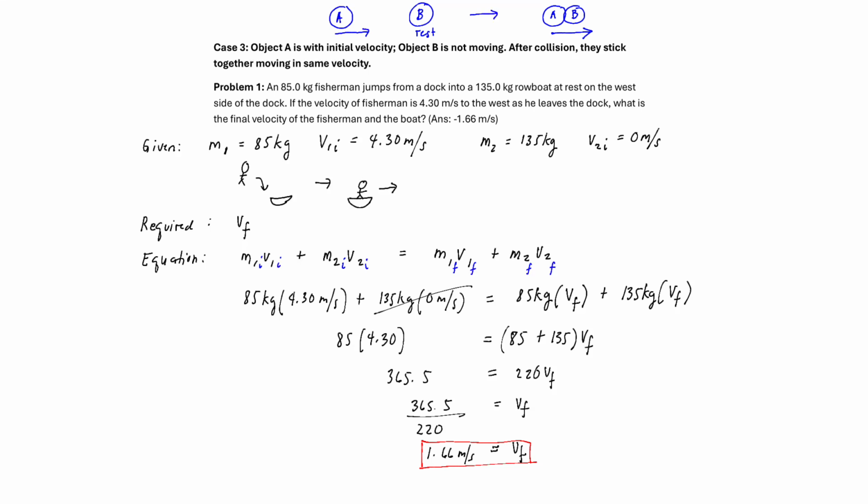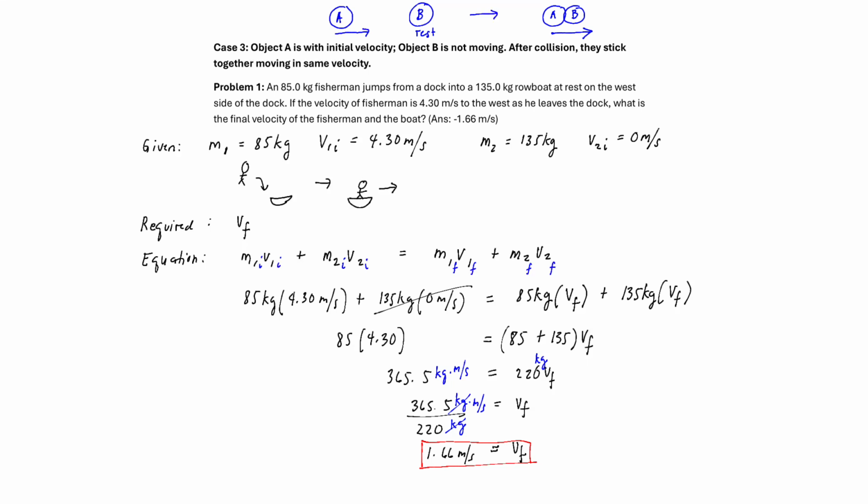Now you might be wondering how our units become meters per second. Take note that the numerator is in kilogram times meters per second, and the 220 here is in kilograms, so we can cancel out the kilograms.